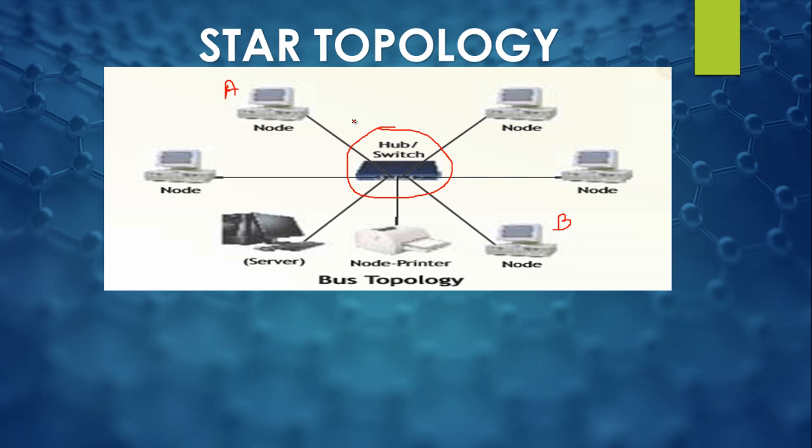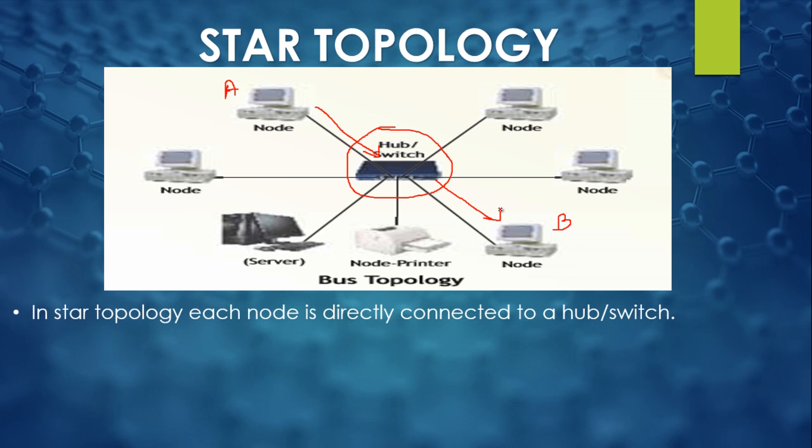So obviously its data reaches from A to this hub or switch, and then the data will move to system B. So each and every facility is shared through this connecting device. So in star topology, each node is directly connected to a hub or a switch.